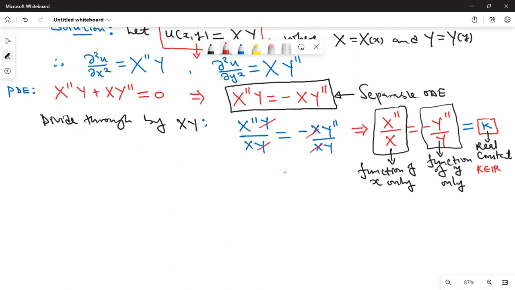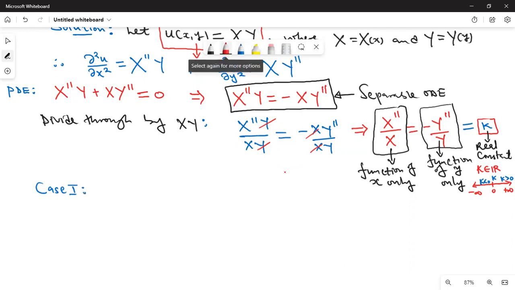So it can either be negative, it can be positive, or it can be 0, because the set of real numbers ranges from negative infinity to positive infinity. The 0 is there. And so k can be less than 0, that means it is negative. K can be 0, or k can be a number greater than 0, positive. So let's consider each case at a time. You write case 1.